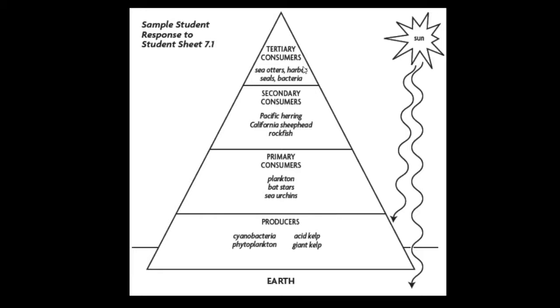And one question you might ask is, where is that energy going? And a lot of it is being lost as metabolic heat. So during the metabolic process, heat is one of the byproducts. And so yes, while you start with a large amount here, it is lost as heat as those organisms live and survive. So as you get to the top, you would see the least amount of available energy.